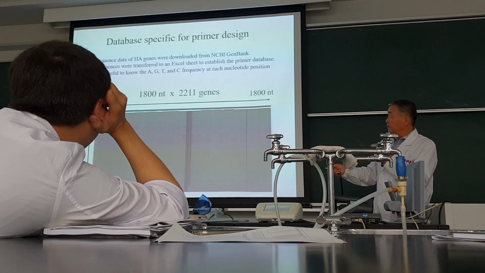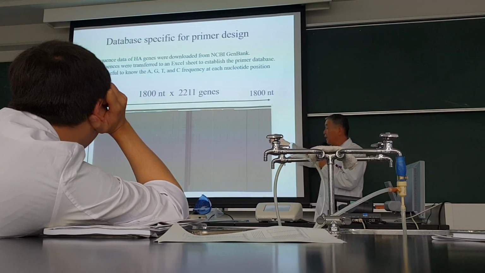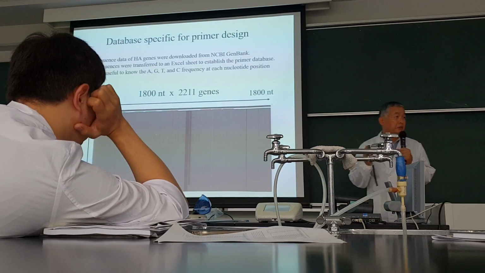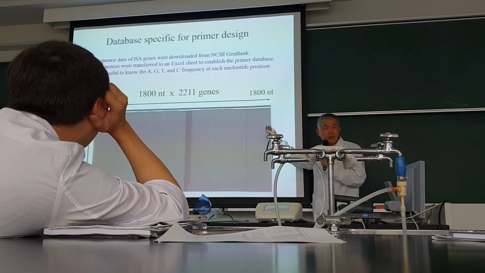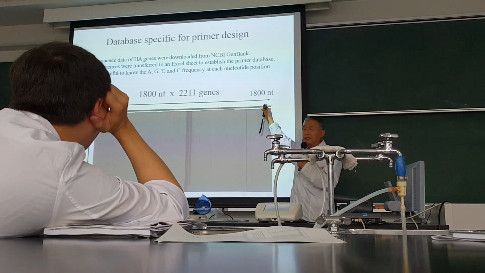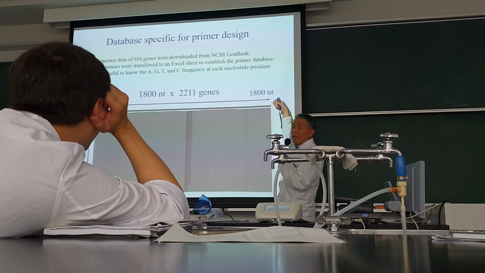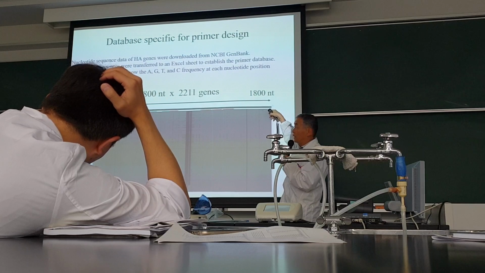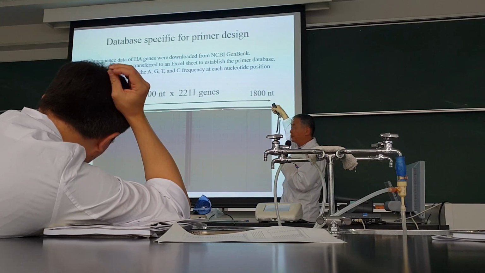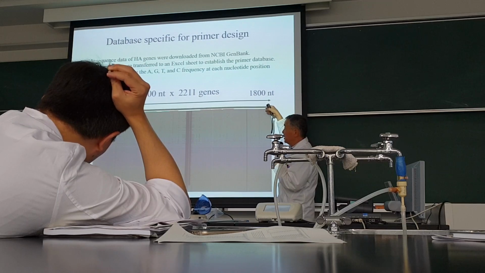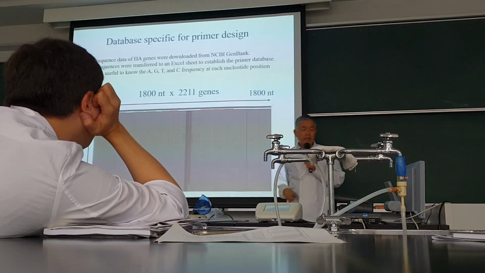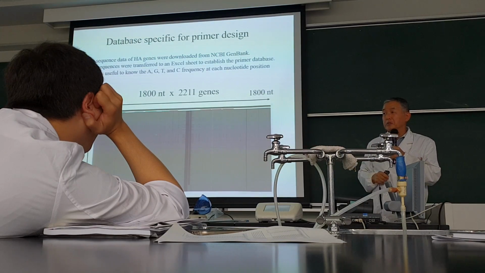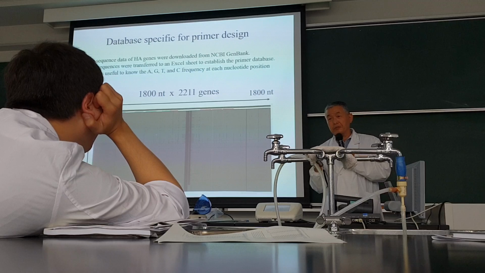When we count vertically, we see how many adenine or guanine are present at each nucleotide position. When we get the variation data throughout the entire genome, we can say which is the conserved region, right?